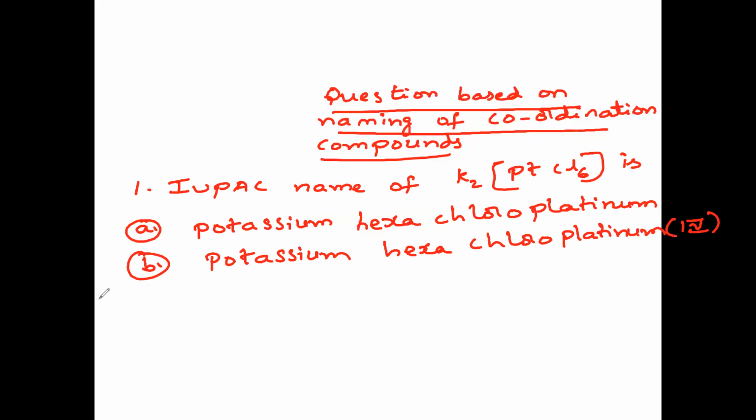Next, option C. The oxidation state of the metal you should write in Roman numerals. Next, we have potassium hexachloroplatinate 4. See how close the options are. So you should know completely, then only you can write the name easily.